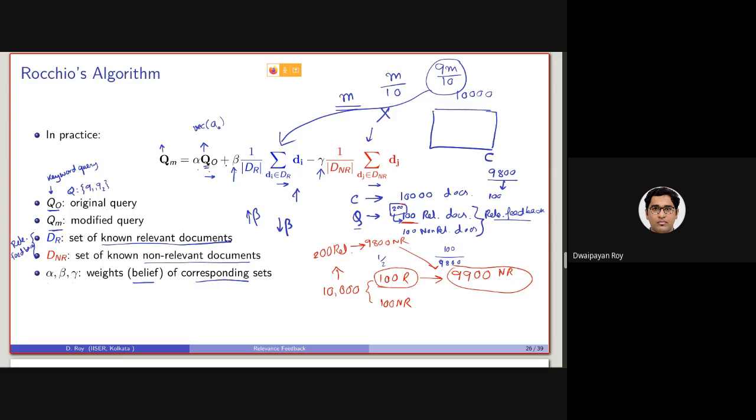This keeps moving the centroid, not actually away from the relevant set, because as there are some relevant documents in this DNR, it will just be a jumble of many different topical points.